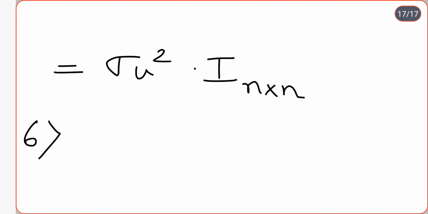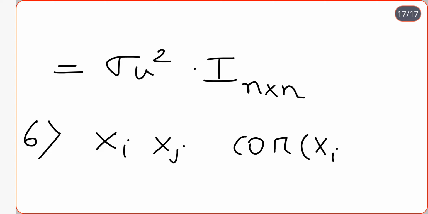Now heading to the sixth assumption, it tells us that there is no relationship between the explanatory variables. For the explanatory variables, suppose xi and xj, there is no relationship. That means the correlation between xi and xj equals 0. So that is the assumption of no multicollinearity.